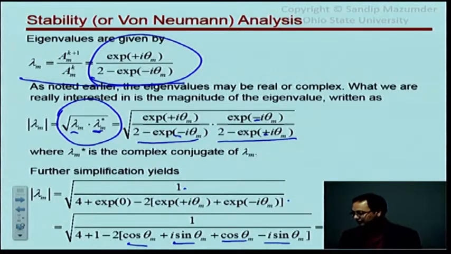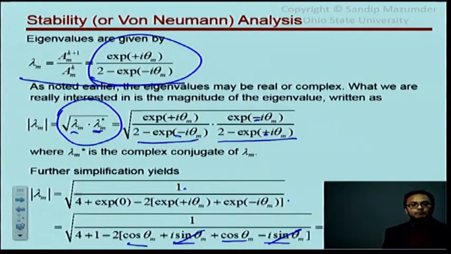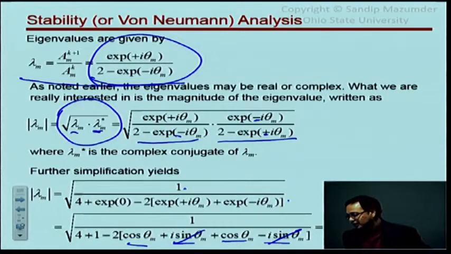These two cancel out, and you're left with that. So that's your eigenvalue. Again, this has an index m, this has an index m right there. So there are m eigenvalues going from, in this case, 0 all the way to 6.